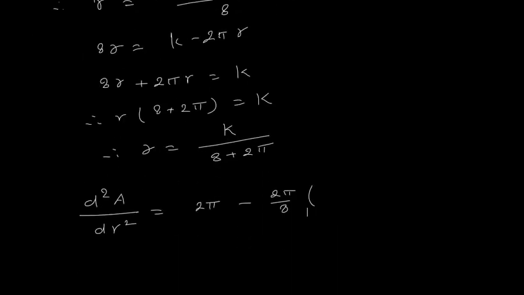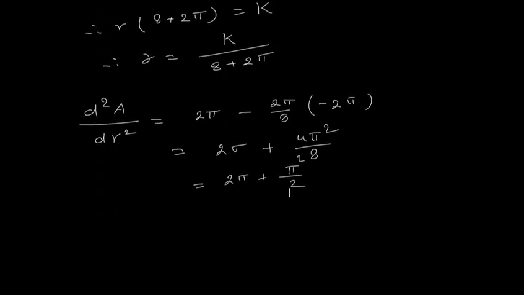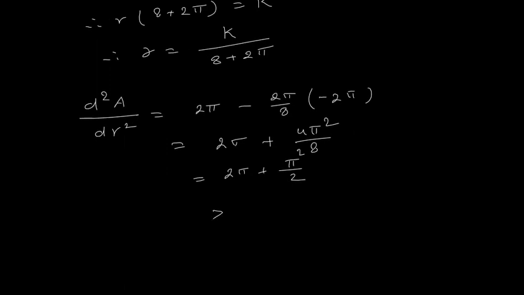So here we have minus 2 pi. This is 2 pi plus 4 pi square upon 8, that gives me 2 pi plus pi square upon 2. Now 2 pi plus pi square upon 2, this is definitely greater than 0.